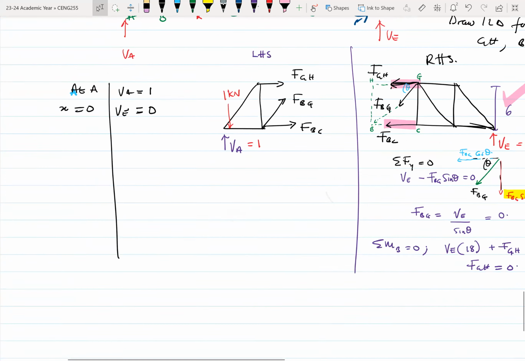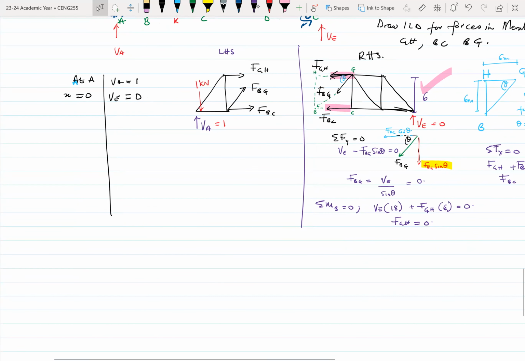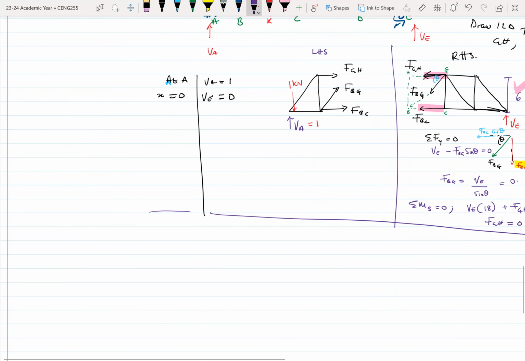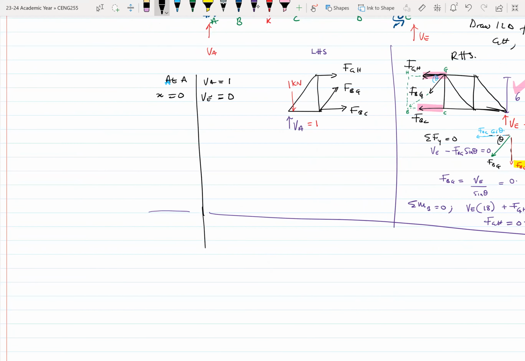All right. So now let's move to the second case, where our load is now at B, where X is equal to 6 meters.